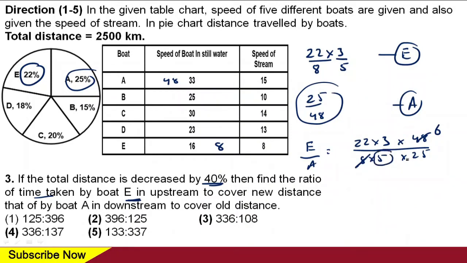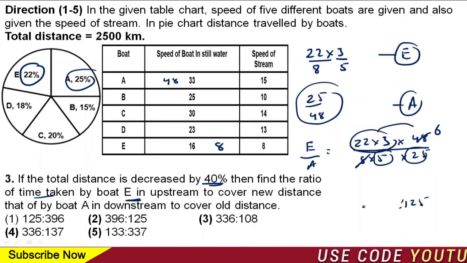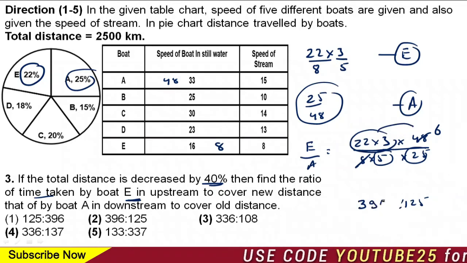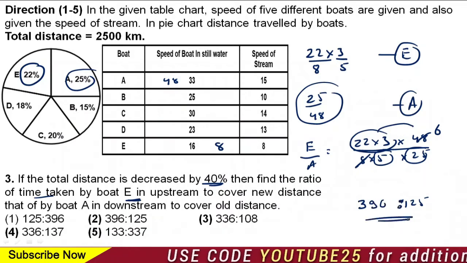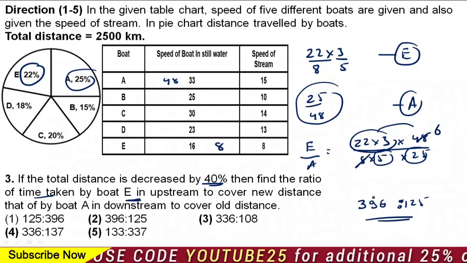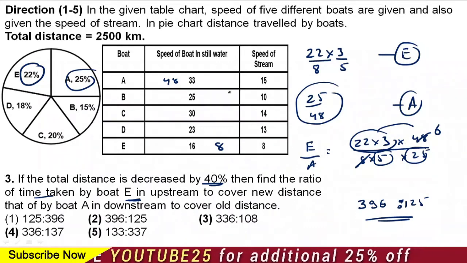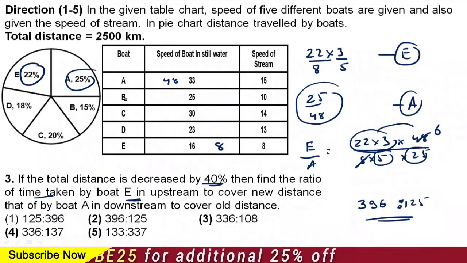Nothing. So 5 into 25 is 125, and 22 into 3 is 66 into 6. We land up with the exact same figures but with much lesser effort, right? So if you've understood that the base values can be compared, there is no point doing the calculations finding the distances for these boats, right?